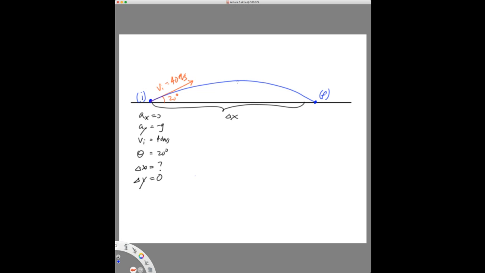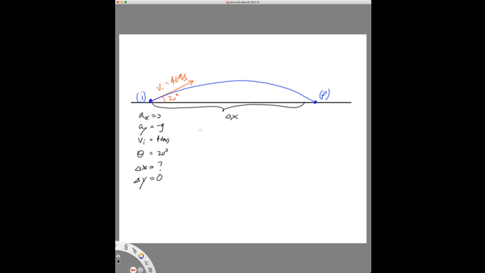And if they're asking how high it goes, then the final is at the top and we wouldn't have delta y equals 0. But this time our final is on the same level at the same height as the initial. Okay, so that should be enough for us to solve the problem.